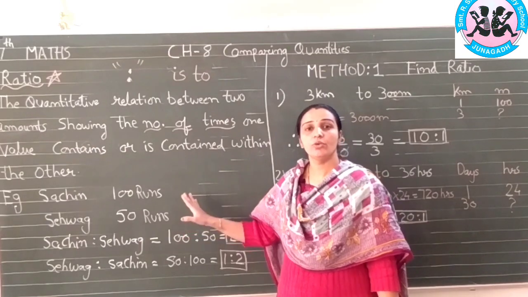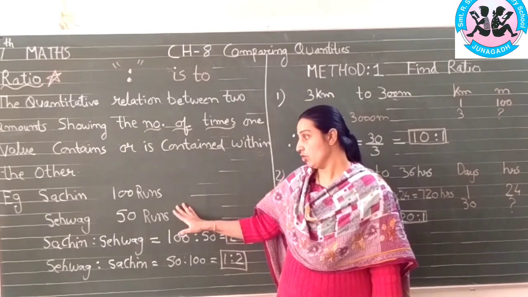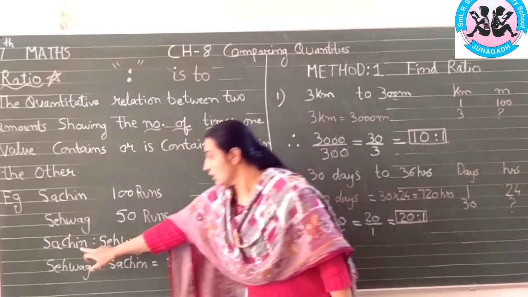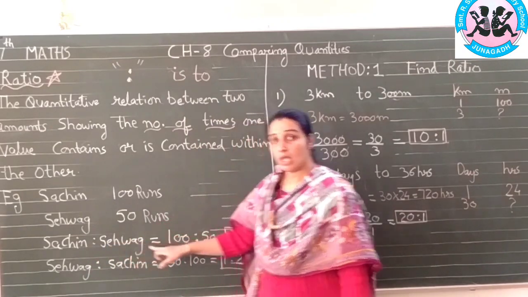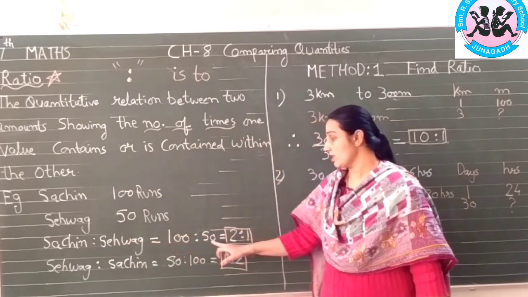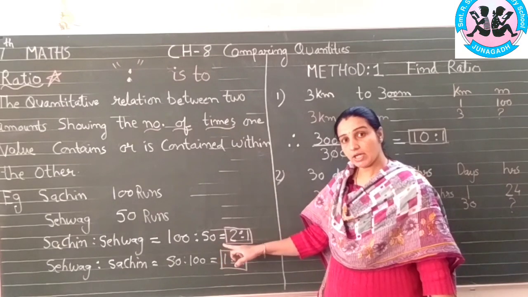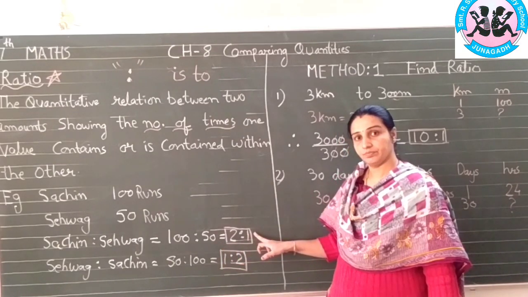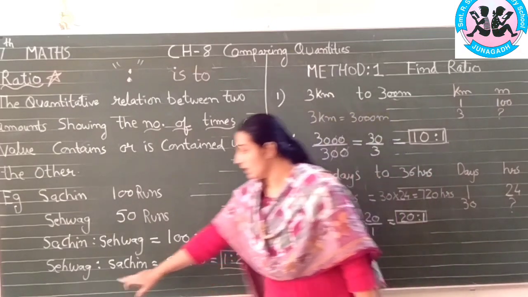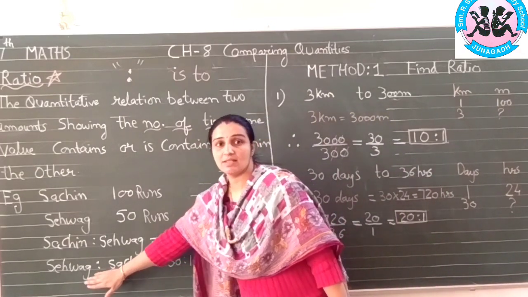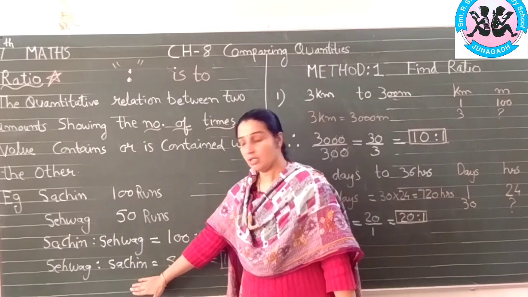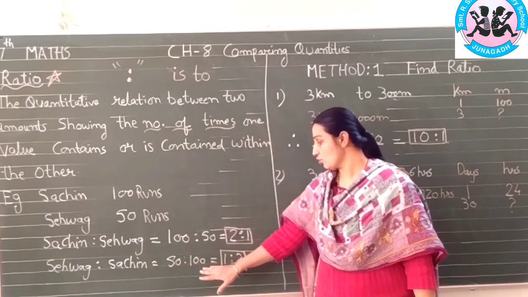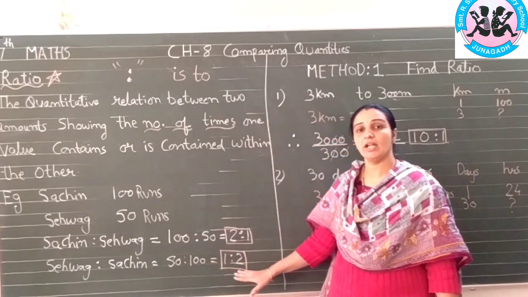If I want to denote in ratio, I can denote Sachin is to Sehwag is equal to 100:50, again equal to 2:1. Similarly, if you are asked Sehwag is to Sachin is equal to 50:100 is equal to 1:2.